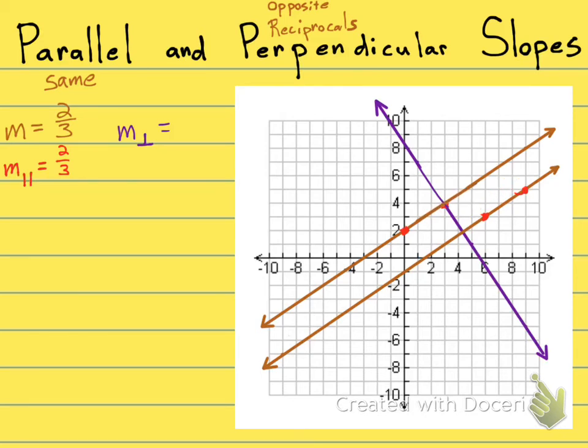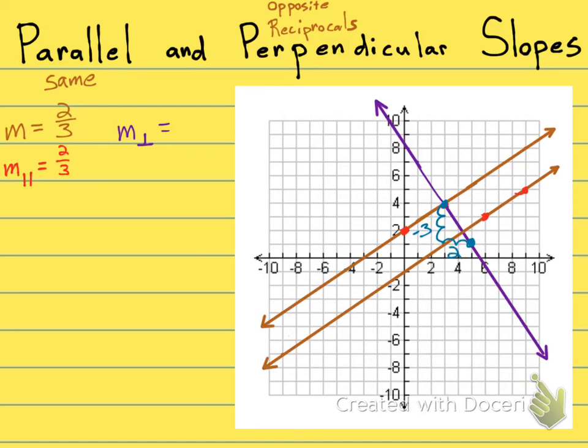All right, so let's find the slope of this perpendicular line so you can see what I'm talking about. Let's go from this point to this point, okay? The blue. So my rise would be a -3, and my run would be a +2.